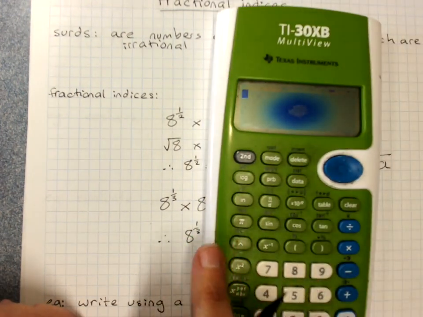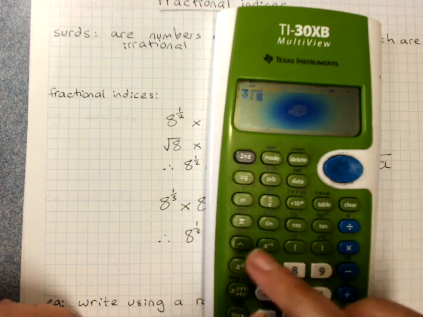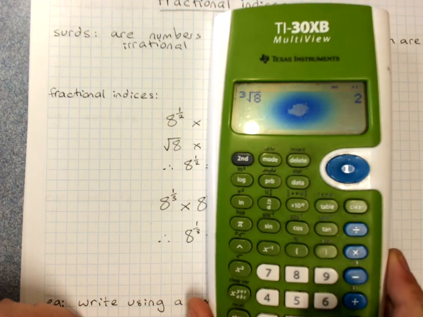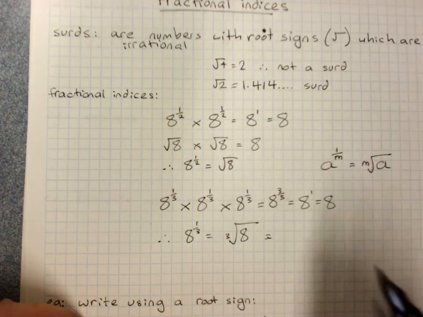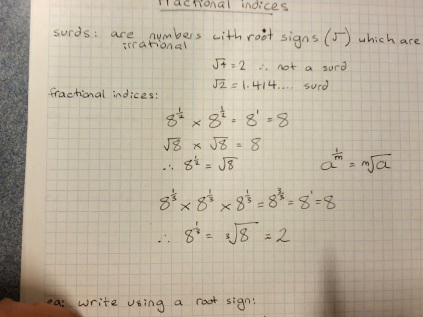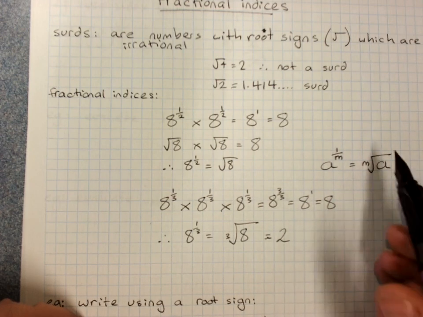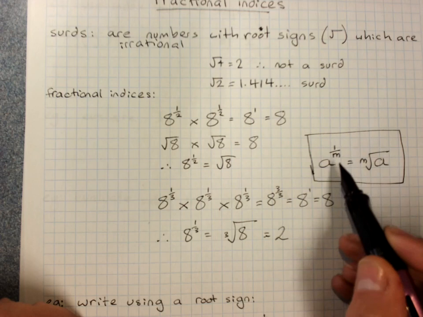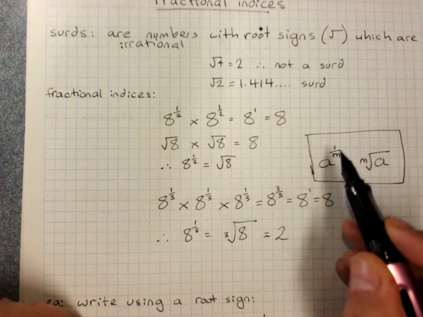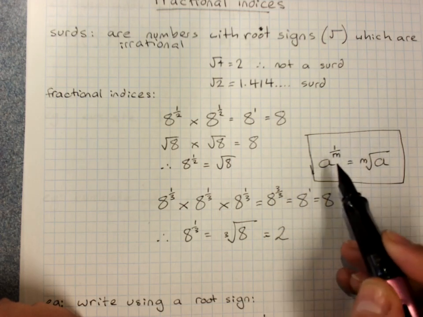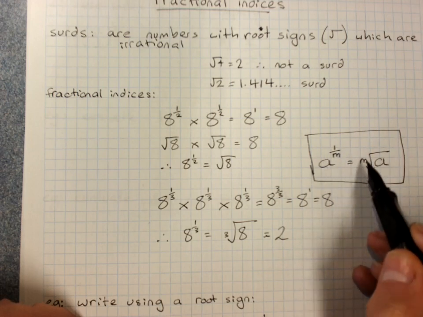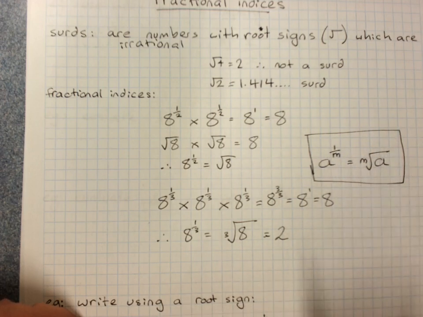Incidentally, we can double check with our calculator. The cube root of 8 is of course 2, because 2 times 2 times 2 is 8. So here is our rule. A fractional index with a 1 as the numerator, the denominator gives us that root of the base number.